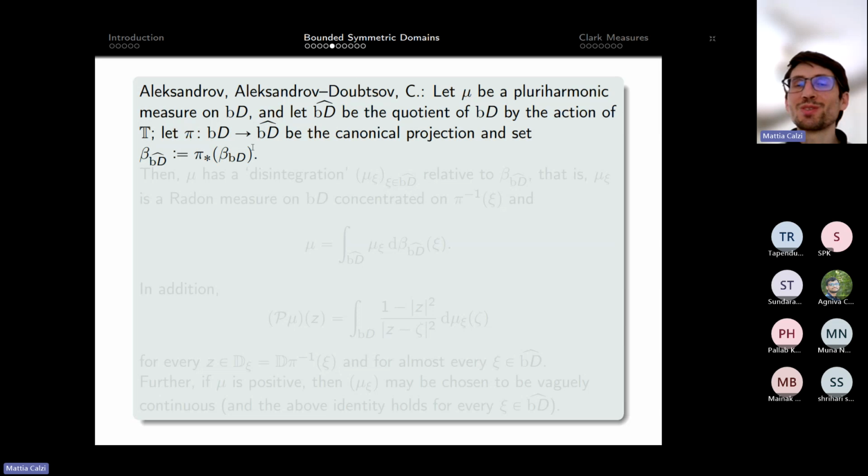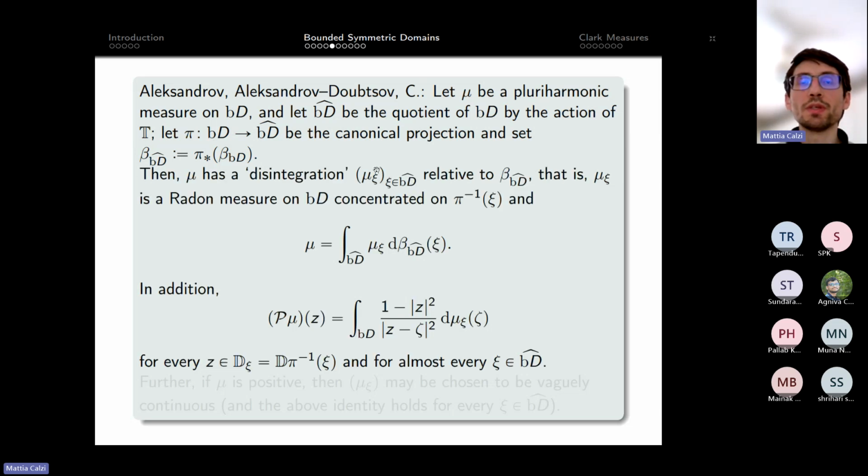And before passing to the theory of Clark measures, I would like to say something about the theory of pluriharmonic measures in this context. So if you take a pluriharmonic measure and you consider this quotient of the Shilov boundary by the action of the torus, which means that you put the Shilov boundary into the projective space, then you may consider the canonical measure, which has some invariance properties with respect to another group.